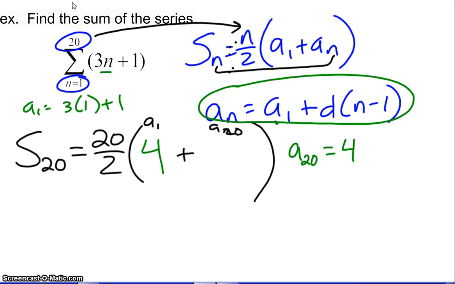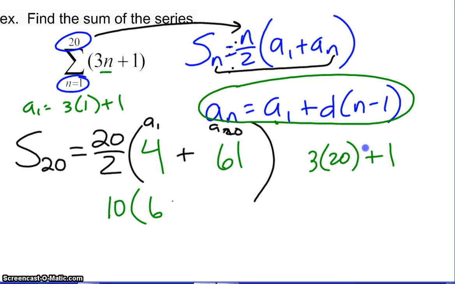So plugging in 20 for n, 3 times 20 plus 1, and we get that that term is 61. And so when we add this together, we're going to do 10 times 65, telling us the sum of the first 20 terms of this particular sequence is 650.